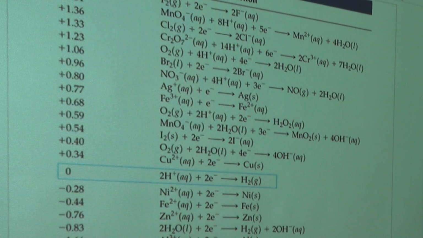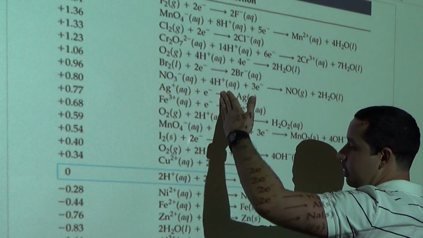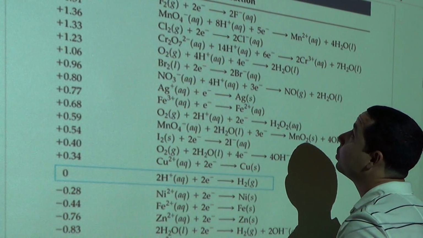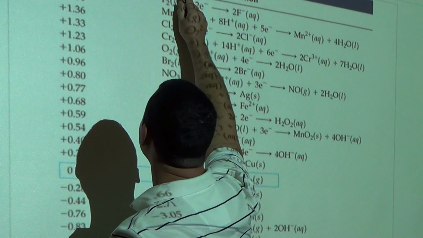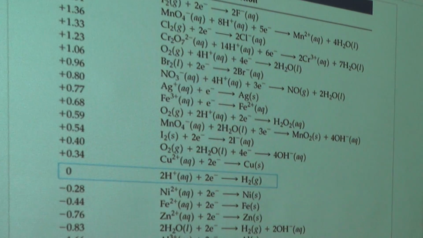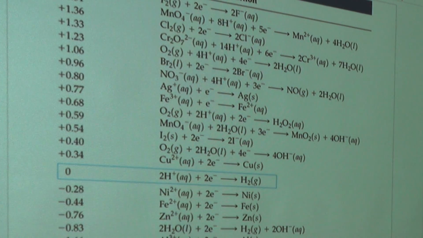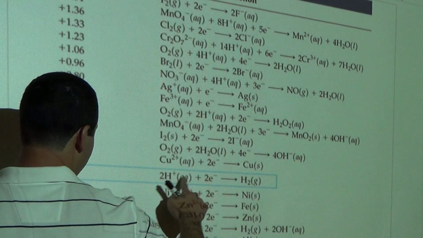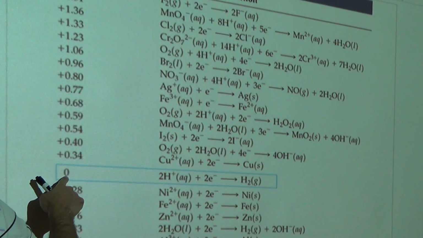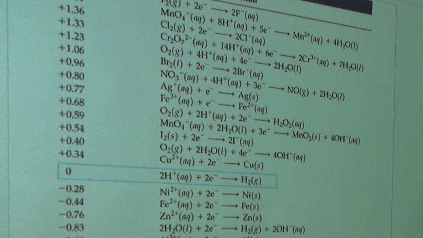That is called a reduction, yes? So all of these reactions here are reductions. That's why on the top they're called reduction potential. The standard for that is called the standard hydrogen electrode. It is this reaction you see here, and it gets a reduction potential of 0. Everything is compared to that.